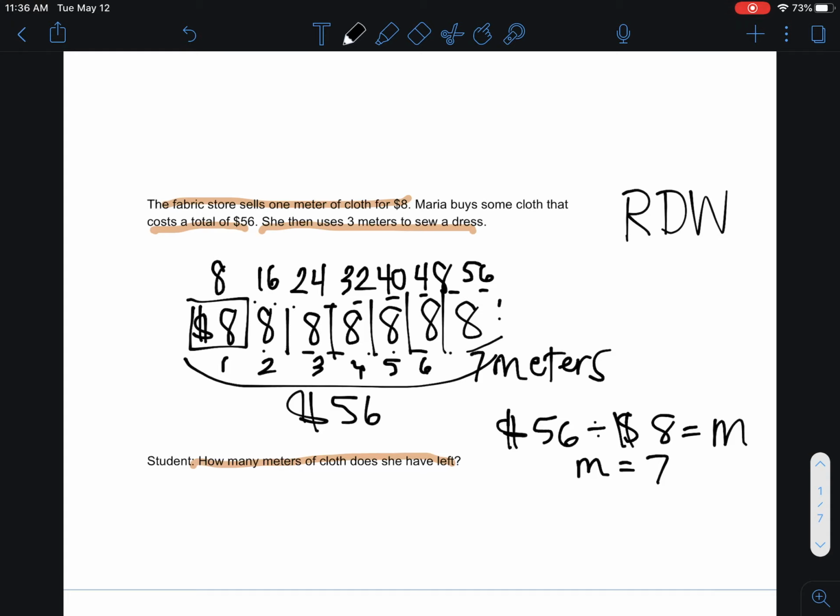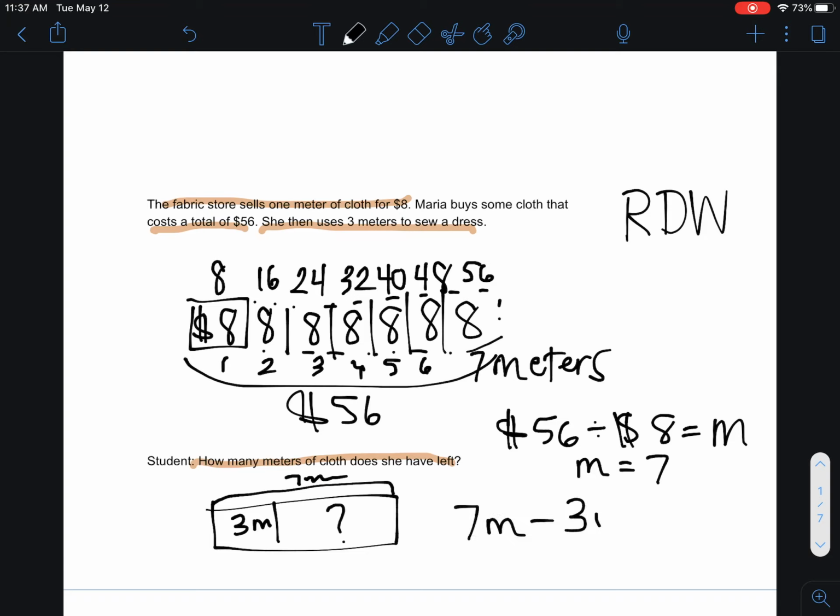Now, the next step we need to do is find out how much cloth she has left after making a dress. So she uses 3 meters for the dress, and then here we don't know how much is left, but we know that there is a total of 7 meters.